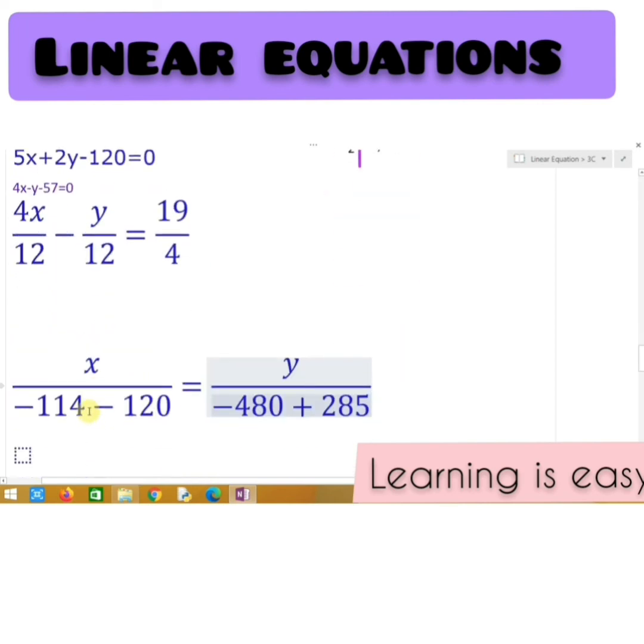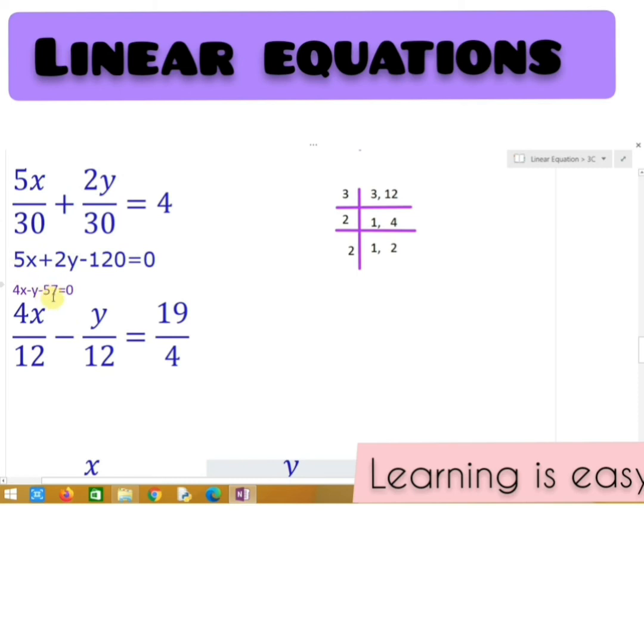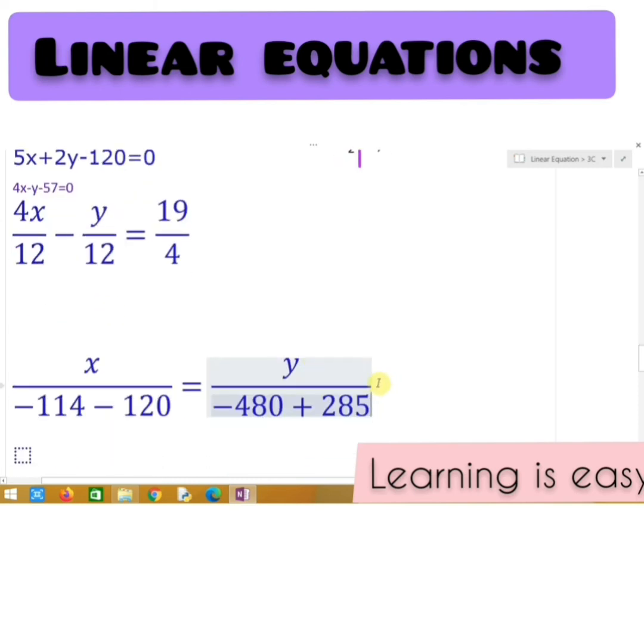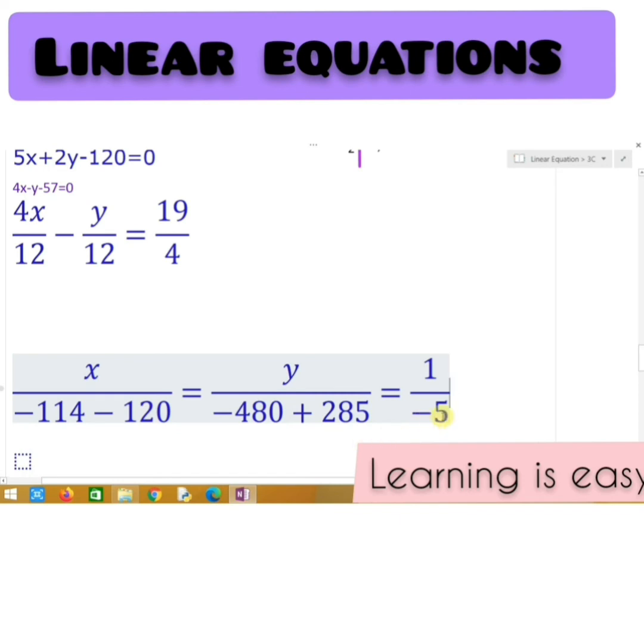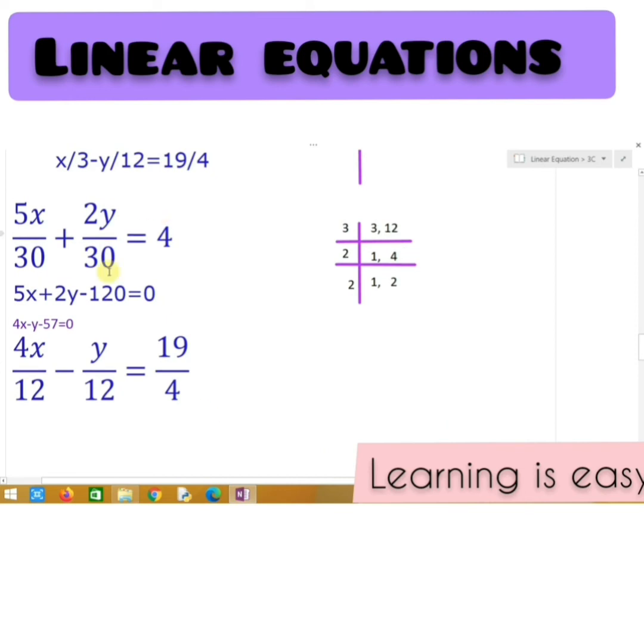And the constant is equal to 1 by minus 5 minus 8247.